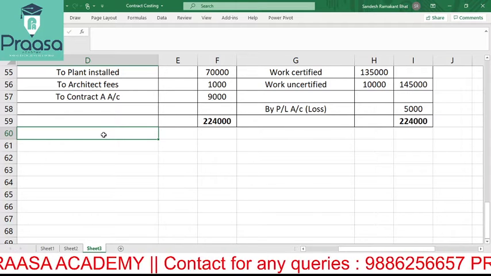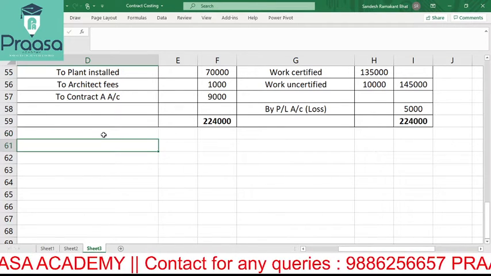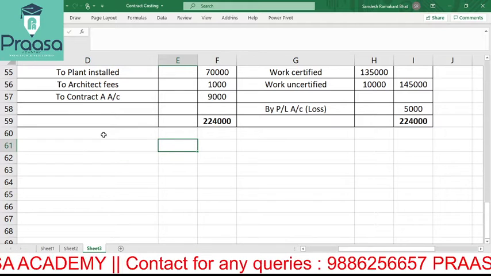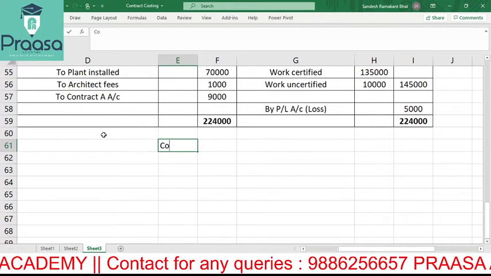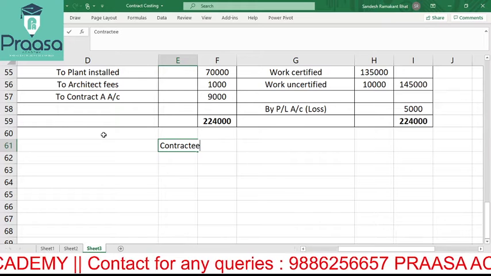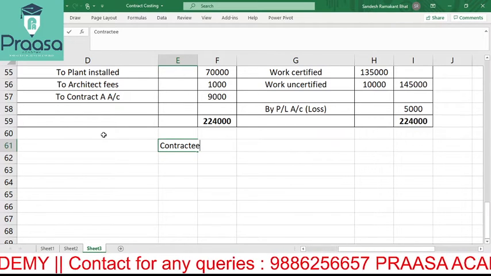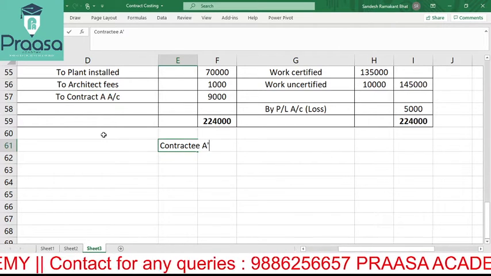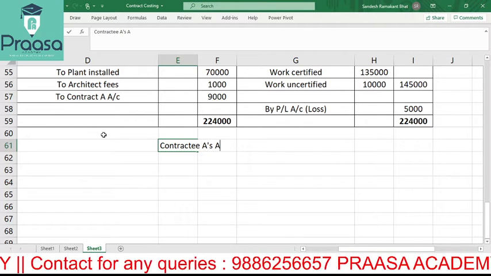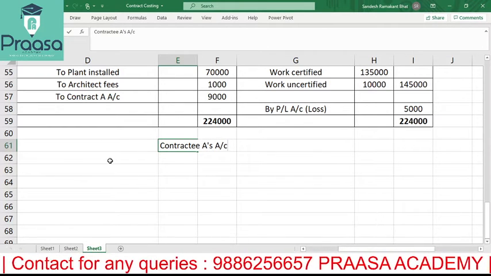Okay, so contractee A's account, there are two, right? So that is one.